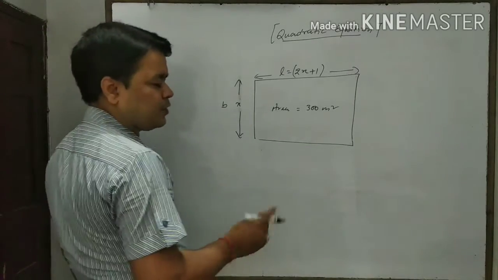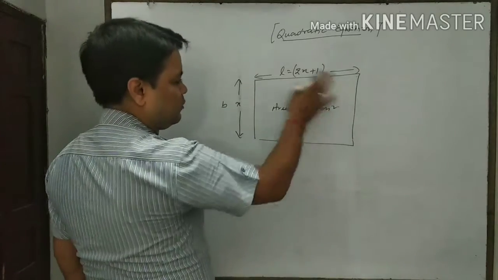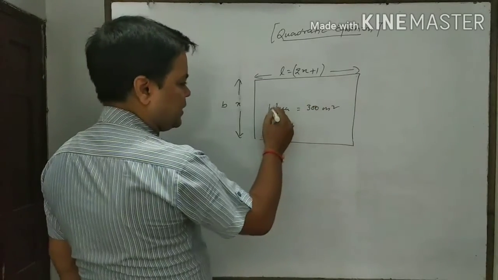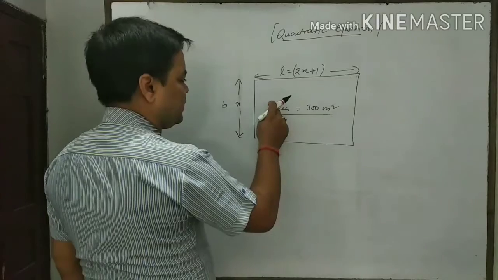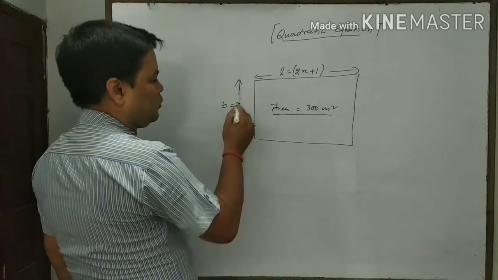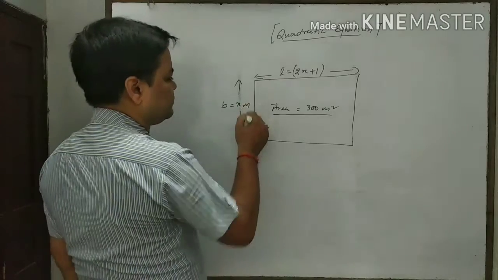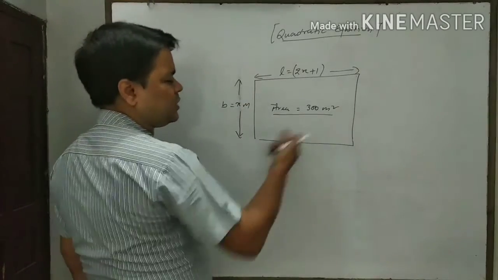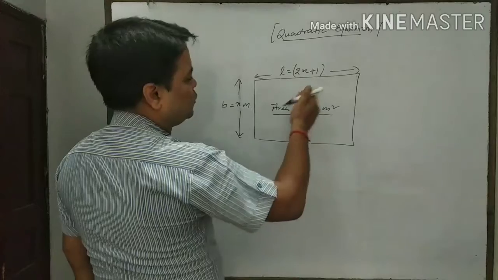Here, what is the condition? We have a rectangular field whose area is already given, that is 300 meter square, and its breadth is equal to x meter, and the length is equal to 2x plus 1 meter.